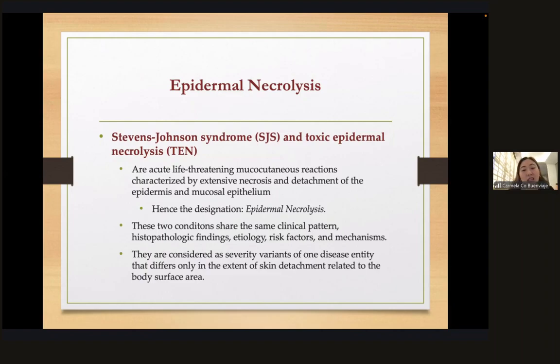Hence, the designation epidermal necrolysis. There's necrosis in the epidermis. These two conditions, SJS and TEN, share the same clinical pattern and histologic findings, even etiology, risk factors, and mechanisms. They are considered severity variants of one disease entity that differs only in the extent of skin detachment related to the person's body surface area.